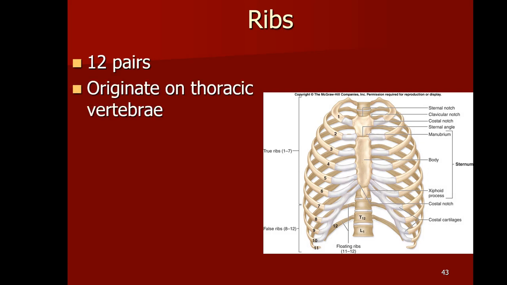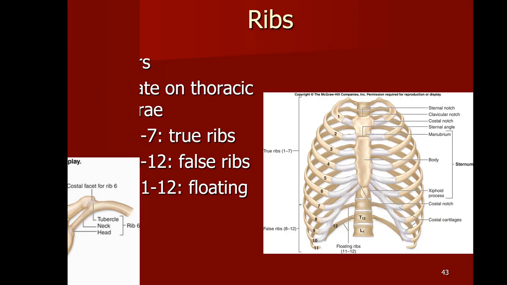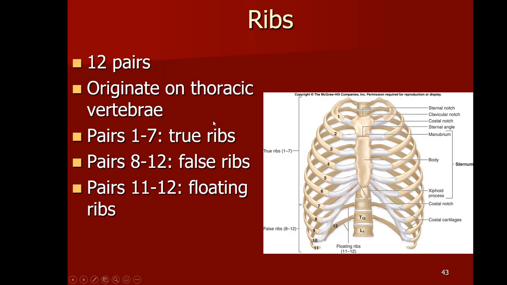And lastly, we're moving on to the ribs. So there's 12 pairs of ribs, and they all originate on the thoracic vertebra, like we said. And if we look at the ribs, you can see that most of them are connecting to the sternum via this white stuff. This is hyaline cartilage called costal cartilage.